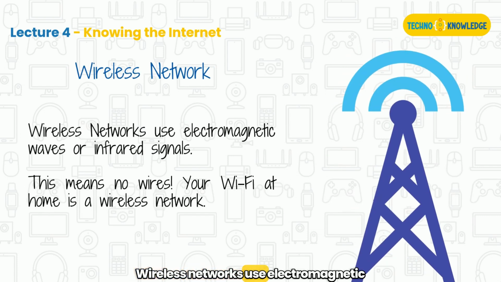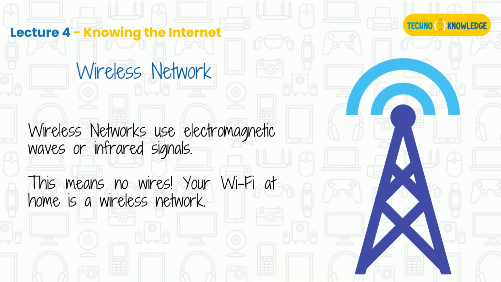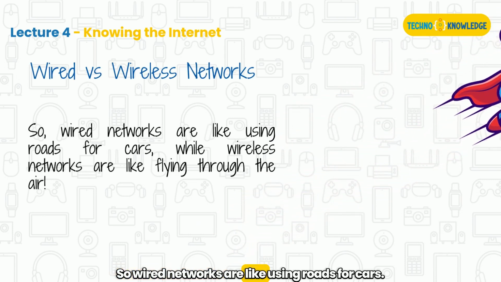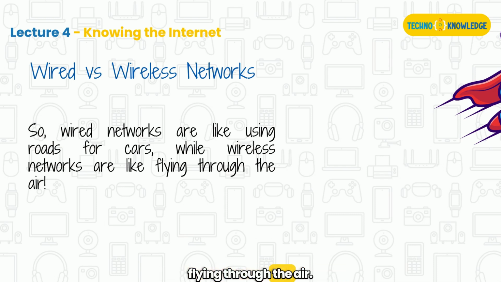Wireless networks use electromagnetic waves or infrared signals. This means no wires. Your Wi-Fi at home is a wireless network. So, wired networks are like using roads for cars, while wireless networks are like flying through the air.